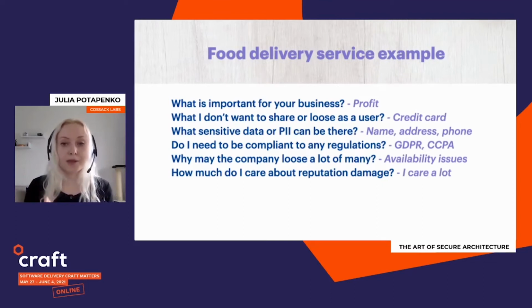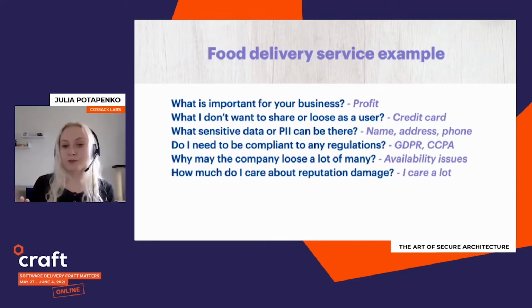Do I need to be compliant with any regulations? It's a pretty popular topic. You have probably already heard about GDPR and its analogy in the United States, CCPA. Why may my company lose a lot of money? Okay, it's a food delivery service.